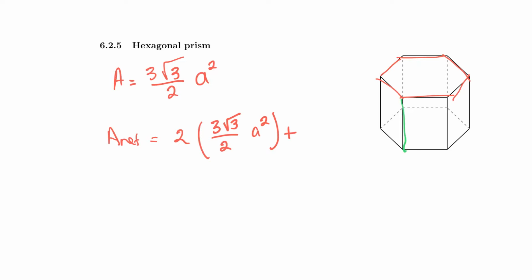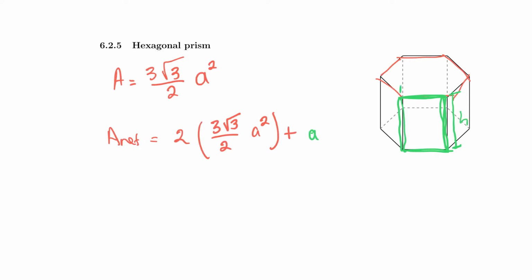rectangle joining each face. Remember, for a regular hexagon, all sides are equal in length, which means all the joining rectangles are the same. So if we have the height H of this hexagonal prism, then we can multiply by the side of the hexagon.